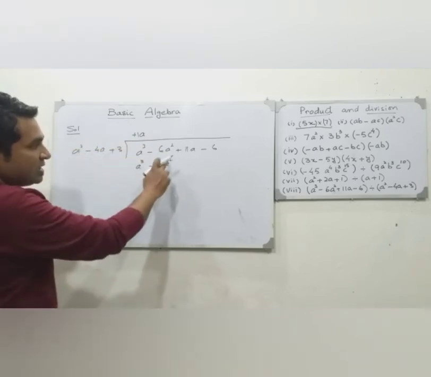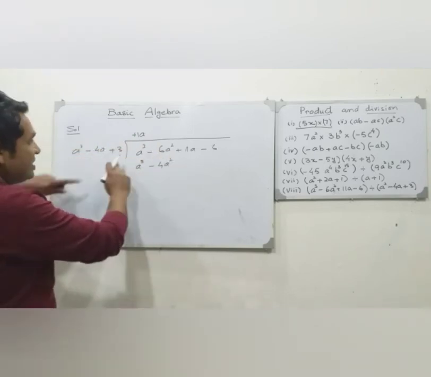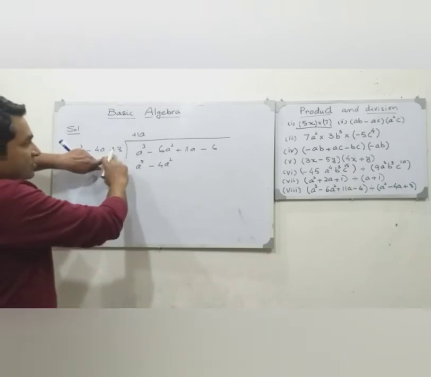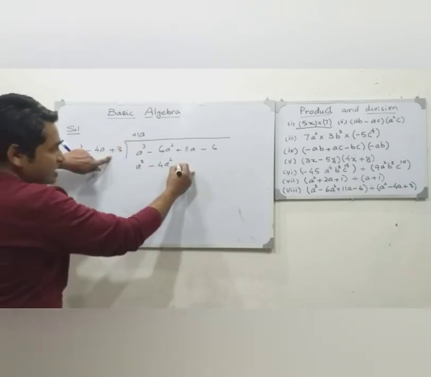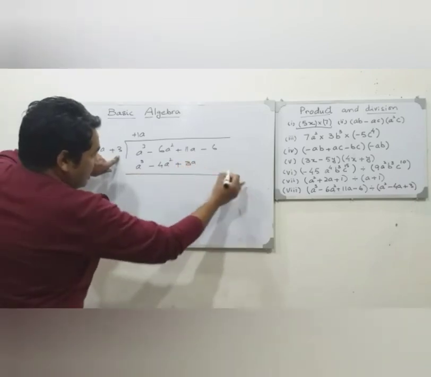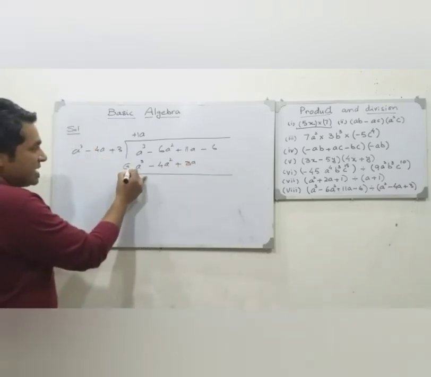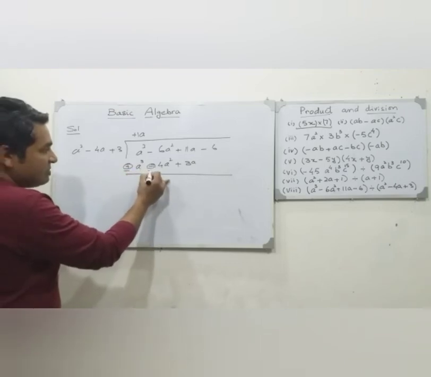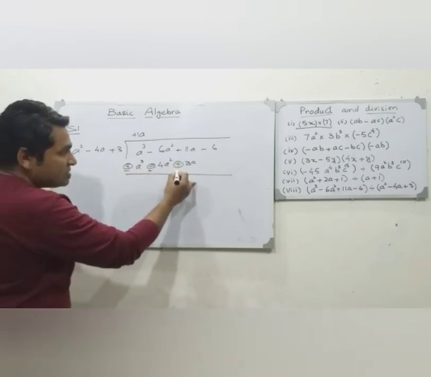So it is a squared and this is also a squared, like terms we are getting. So it will multiply with it. So plus times plus is plus, and 3 times 1 is 3. So 3a we will get. After that, you have to change the signs. This will become negative, this is becoming positive, this will become also negative.